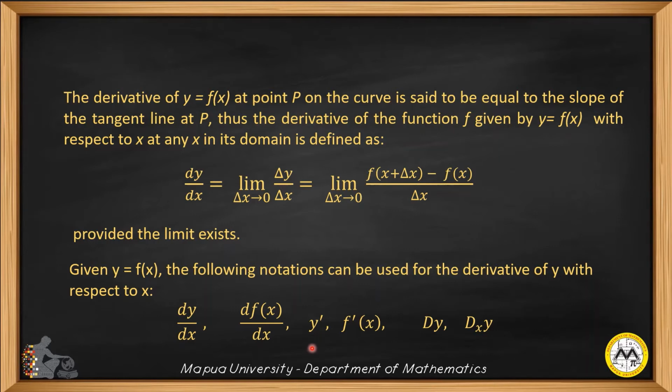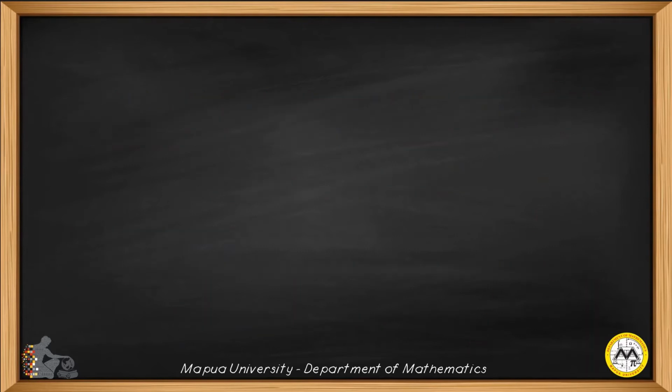So, you have y prime, or f prime of x, or you can use the capital D notation to denote the differential operator. So you can have capital D y or capital D subscript x y. All of these notations define the derivative of y with respect to x.